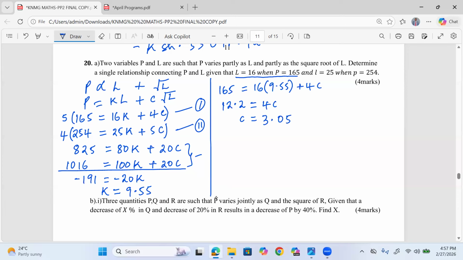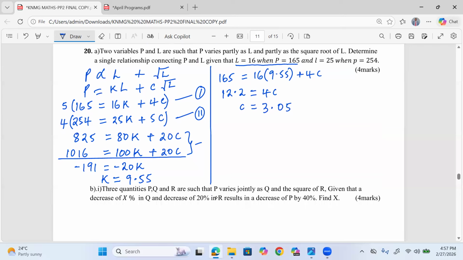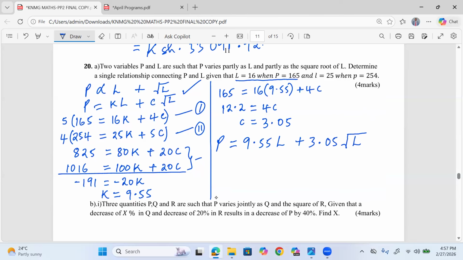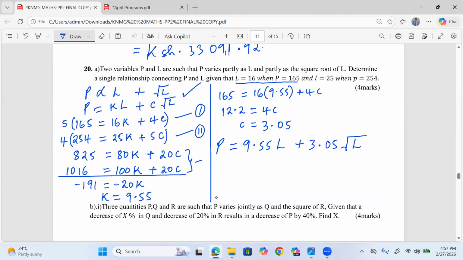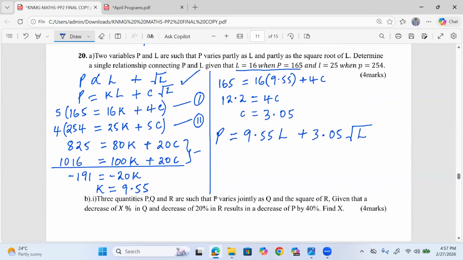3.05. So with these constants now established, we can now write this equation, which is the relation connecting P and L. So P equals K, which is 9.55, the value of L, plus C, which is 3.05, the square root of L. So we have now the final equation that connects P and L, properly expressed.